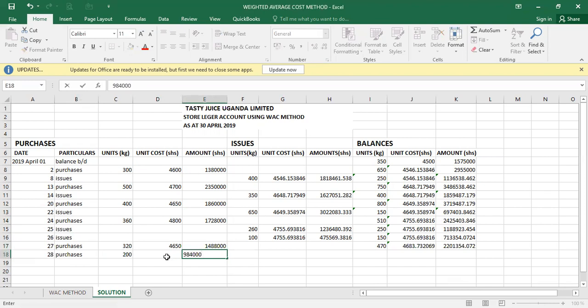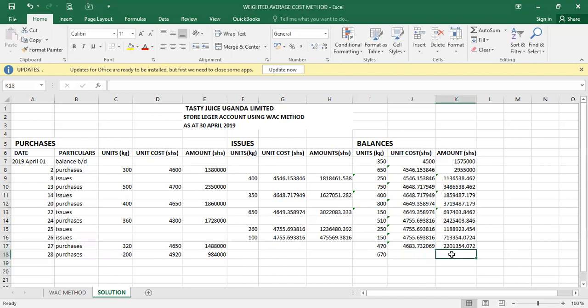So we get the unit cost here, which will be that divided by this. Then what will be our new inventory in units? It will be the cost plus what we've bought, and it will give you that.